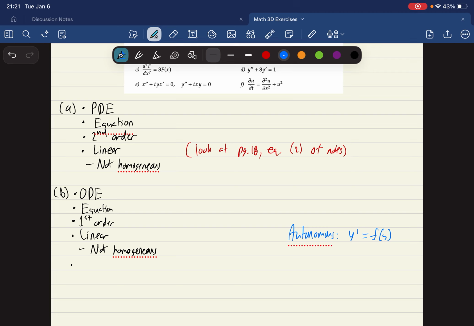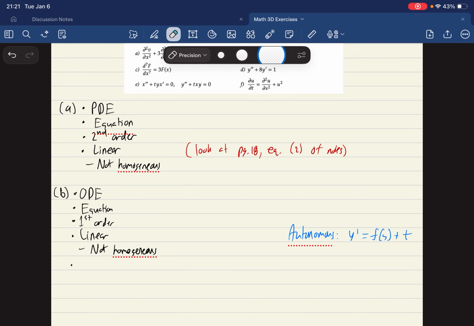And more generally, it's an equation that doesn't change with time, if that makes sense. So, let's say, for example, that we added a t here. Then this would no longer be autonomous because as t increases, the equation looks different. But if we erase the t, then as we increase t, the equation remains the same.